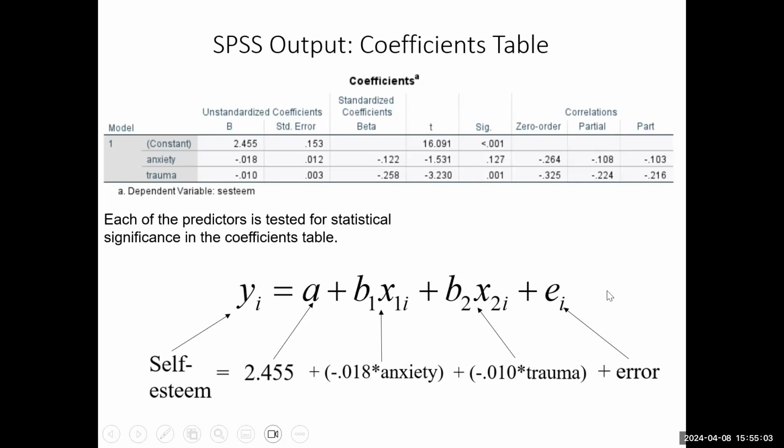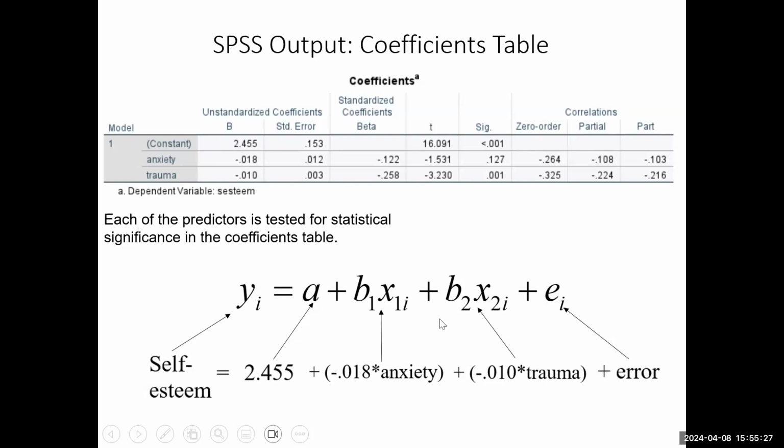At the lower portion of this slide, I created a sort of hybrid between our statistical model and our conceptual model. So I show that our outcome variable is self-esteem. For our A or Y intercept, I brought down the 2.455 from the coefficients table.